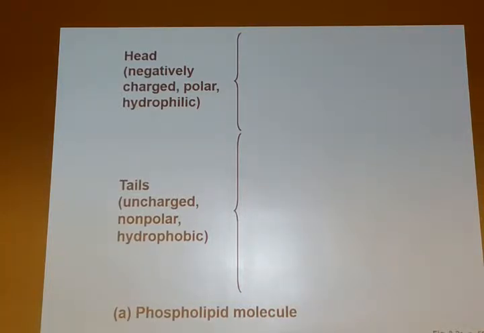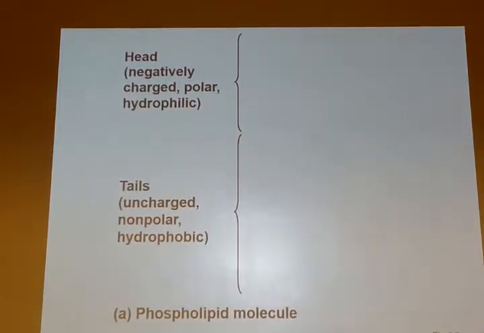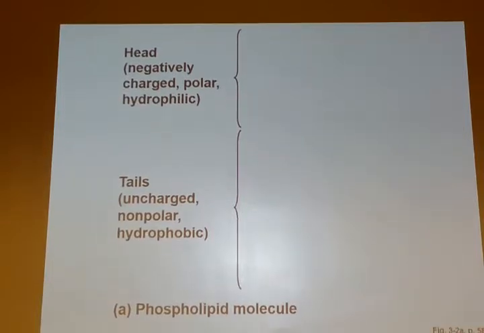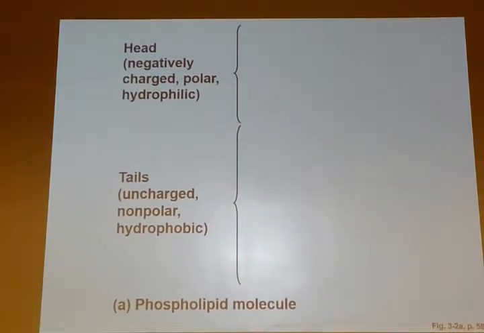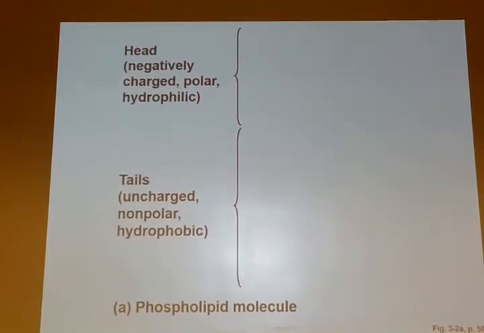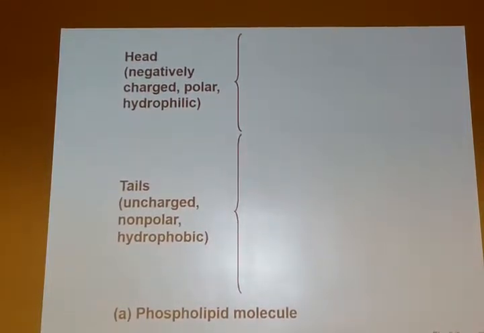Having one molecule that has two types of interactions, this is called amphi. Amphi means both characteristics of liking and not liking.